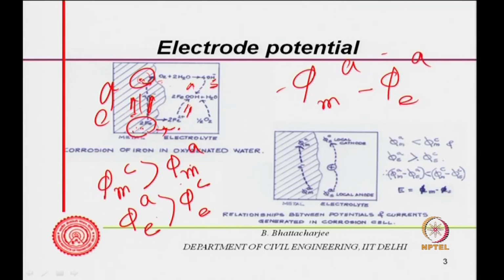That is one potential. The other potential is phi metal cathode minus phi electrolyte cathode.